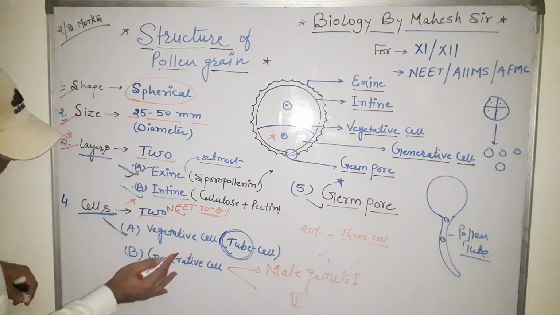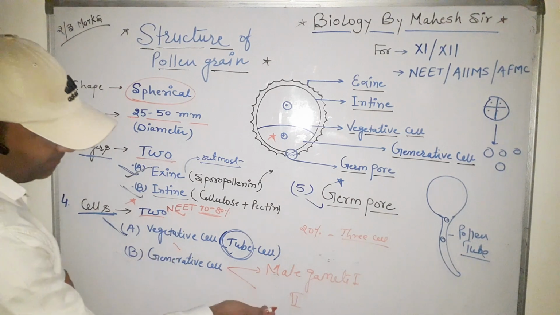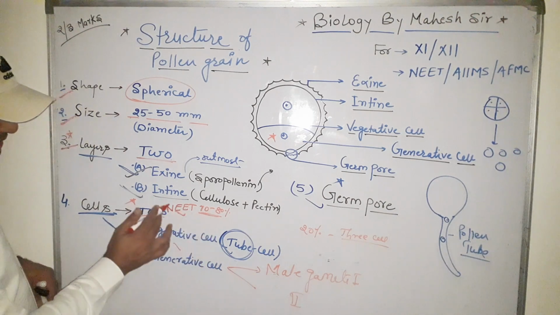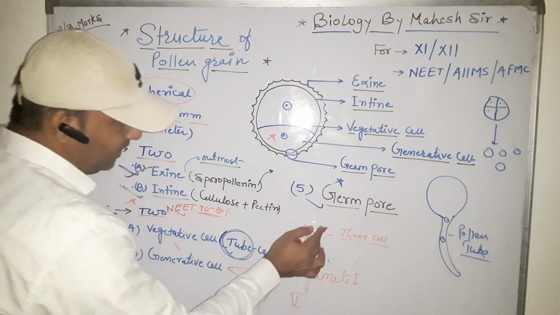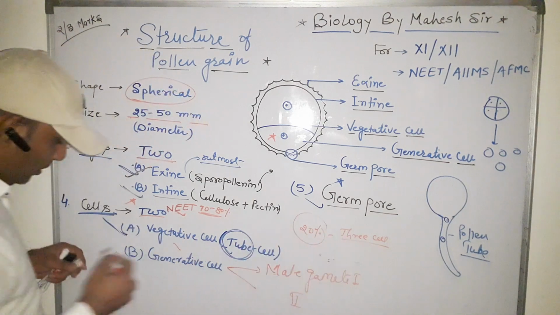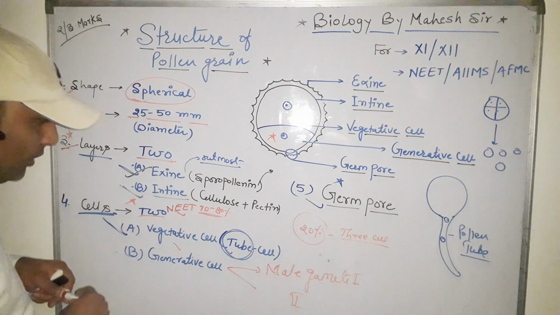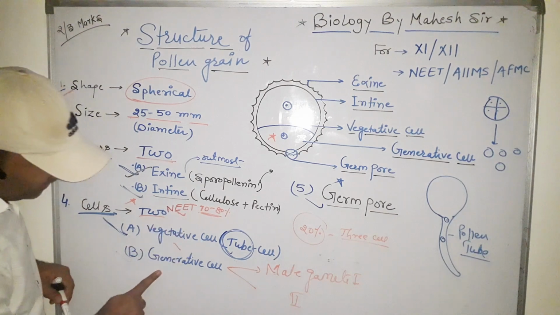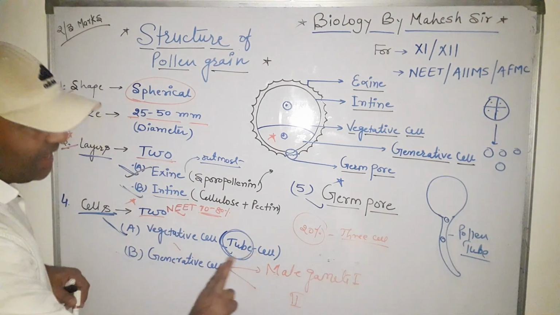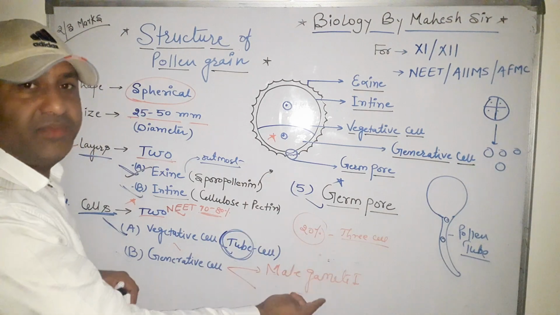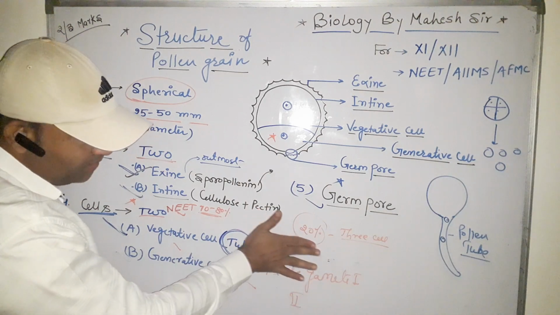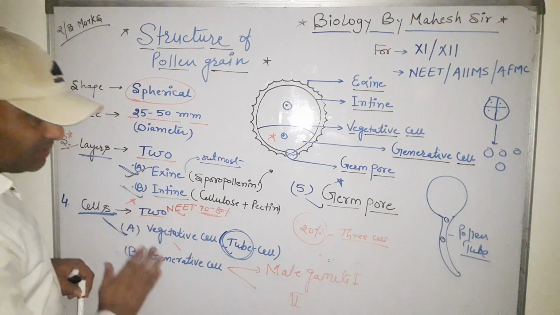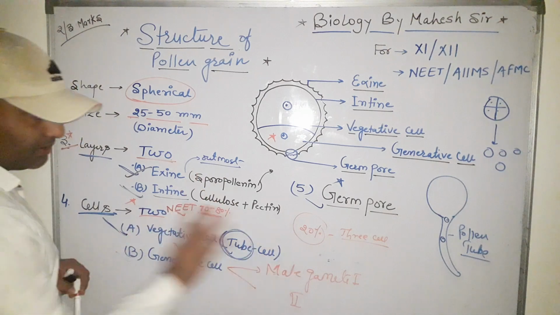For NEET, the generative cell produces the 2 male gametes. In 70 to 80% of cases it is a 2-cell stage, remaining 20% it is a 3-cell stage. Because in 70 to 80% the generative cell produces the 2 male gametes after pollen grain germination, and in the remaining 20 to 30% it has previously produced the male gametes. Clear?